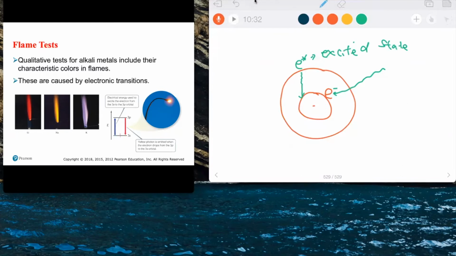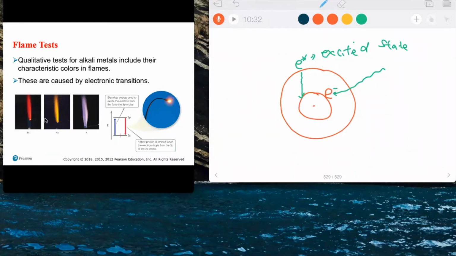Even in fireworks, the 4th of July was just the other day. We always enjoy the fireworks. You see different colors. It has to do with the different metals in those fireworks, whose electrons are excited to higher energy levels. When they drop, they emit light of characteristic wavelength.